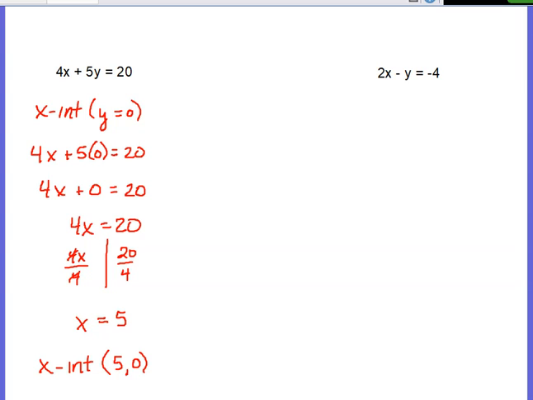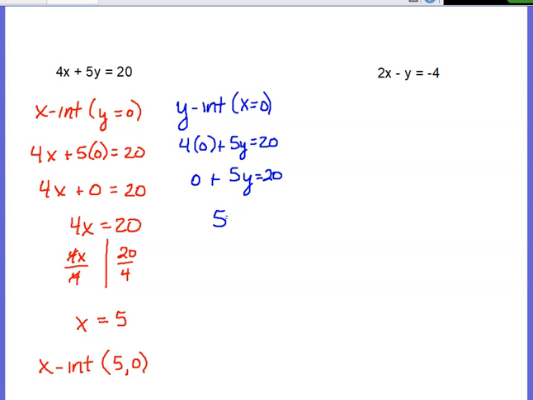Okay, so we're going to look at my y-intercept. We'll do these in blue. So for my y-intercept, x is equal to 0. So if I put a 0 in for x, 4 times 0 plus 5y equals 20. 0 plus 5y is equal to 20. So we can solve that. 5y is equal to 20.